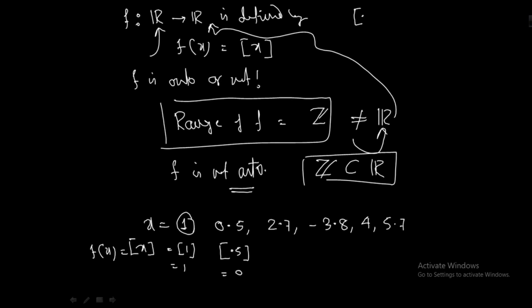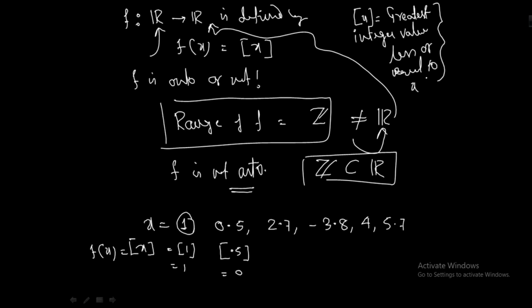What is box of x? Greatest integer value less than or equal to x. Try to remember it in this way. Suppose a number is 2.007, then you have to take the integral part.